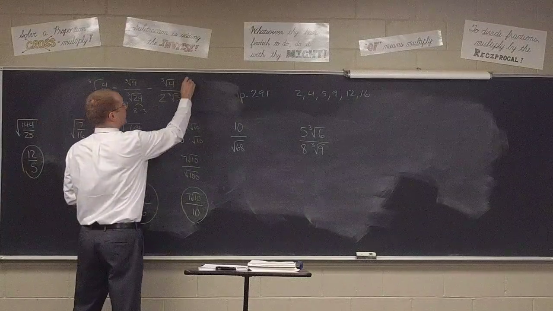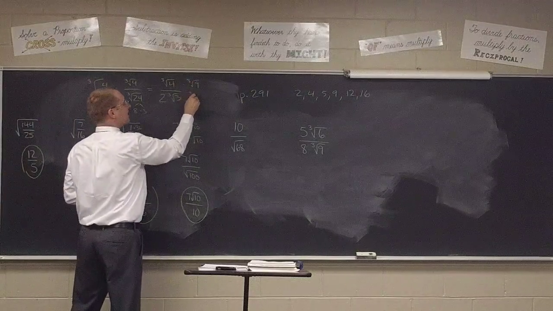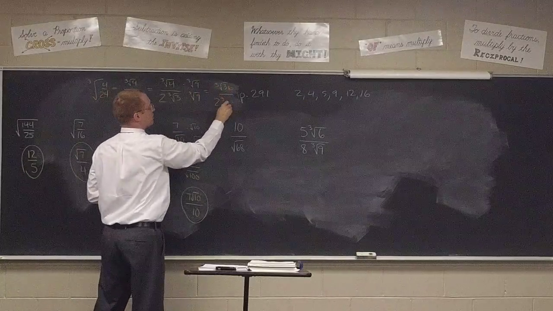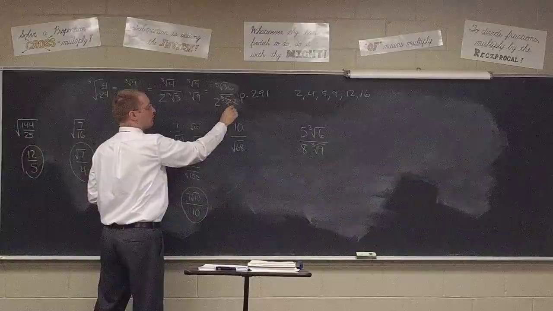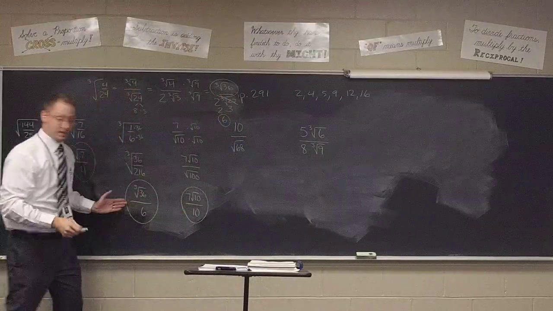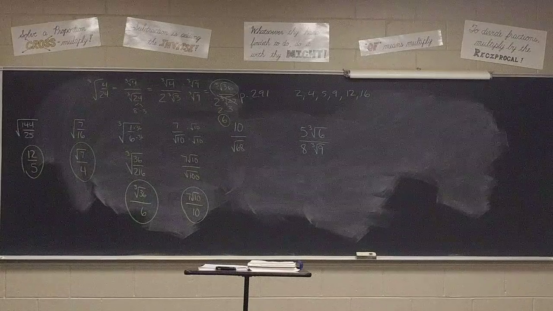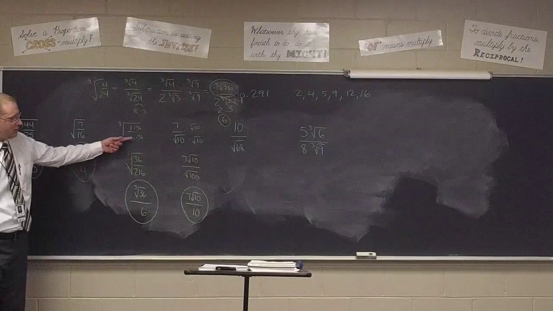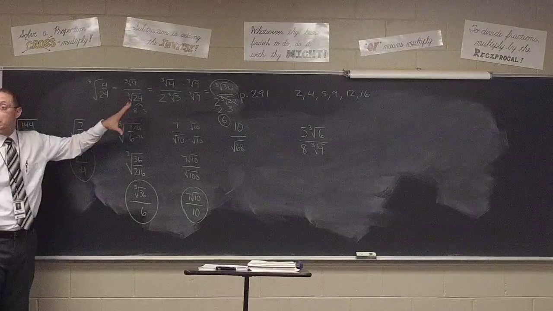So maybe multiply by a cube root of 9, and that would give you the cube root of 36 all over 2 times the cube root of 27, which is 2 times 3, which is 6. So in theory, if you followed that train far enough down the track, you would have actually gotten to the correct answer. I think it's a little quicker just to get to 216, but I mean, it works, right?